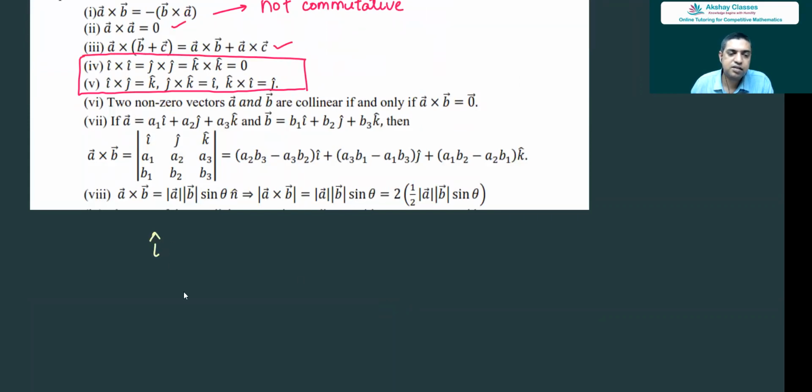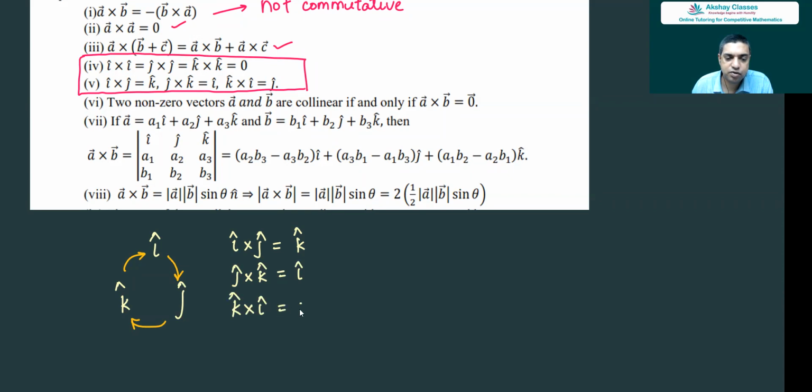So I, J, K. Now I cross J will give us K. J cross K will give us I. So write I, J, K in a clockwise sense and draw clockwise arrows. Then we get the relation I cross J is equal to K. Then J cross K is equal to I. And K cross I is equal to J.